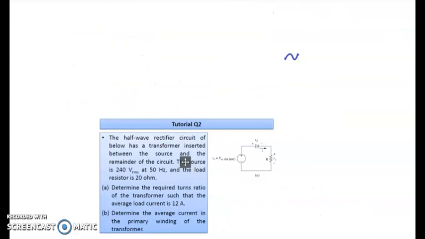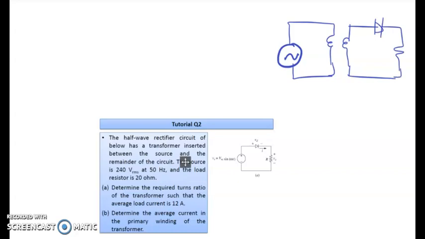So it was mentioned that the half-wave rectifier circuit has a transformer inserted between the source and the remainder of the circuit. So you have to redraw the circuit with the transformer. From the AC source, you have the transformer, then go to the diode and go to the load. So we have current that flows into the second winding or second circuit for the load, which is 12 ampere.